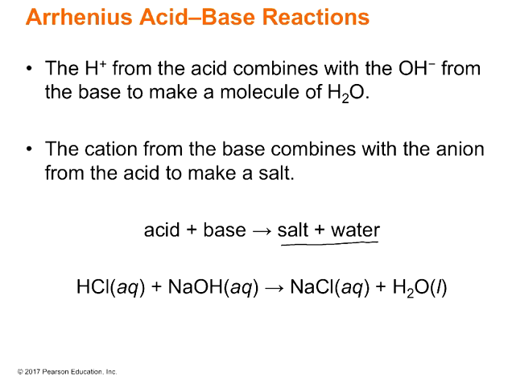So again, remember that the hydrogen ion from the acid, in this case hydrochloric acid, is going to team up with the hydroxide ion from the base, in this case sodium hydroxide, and those are going to form a water molecule, which will be neutral. And then whatever's left over becomes our salt product. So that's NaCl. So again, we can call this a neutralization reaction.